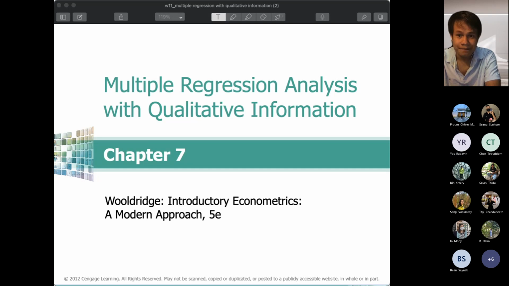Confidence interval? Yes. If you remember how you calculate it, that is the coefficient plus or minus the standard error multiplied by the critical value, right?